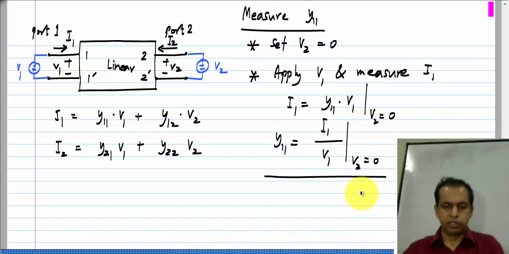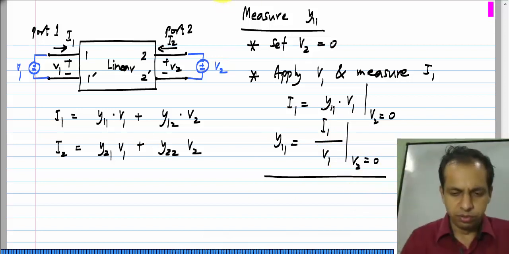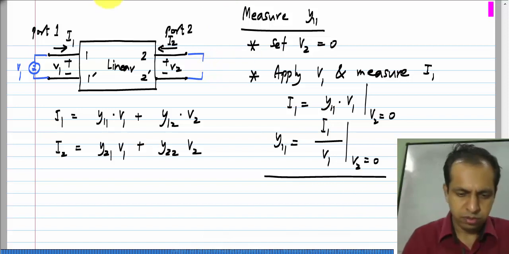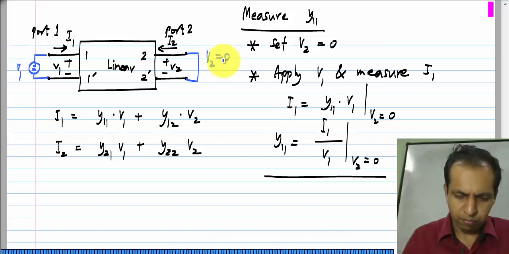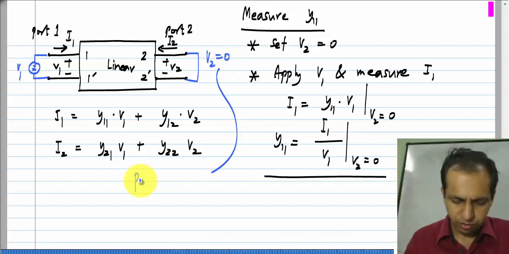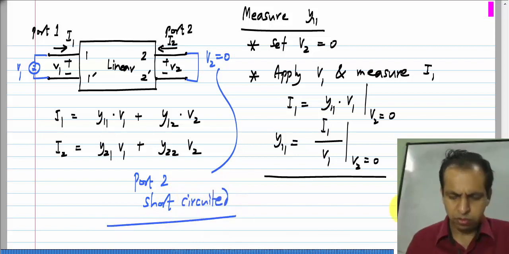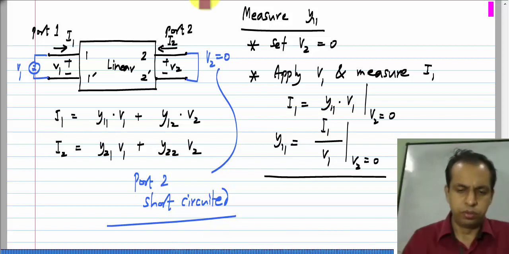In other words, what is the meaning of setting V2 to 0? We short circuit the second port. So, you short the second port and essentially measure the conductance looking into the first port.